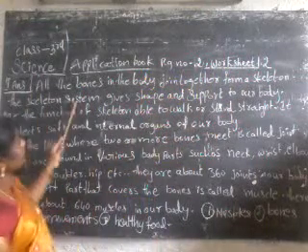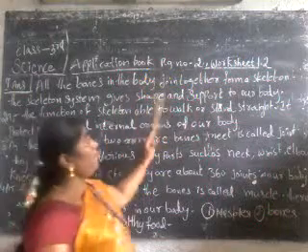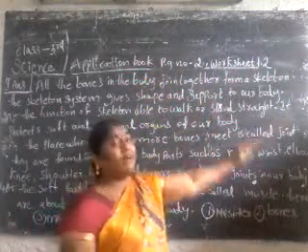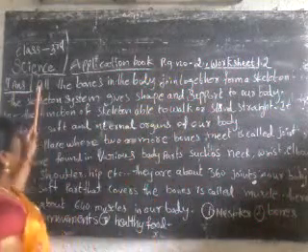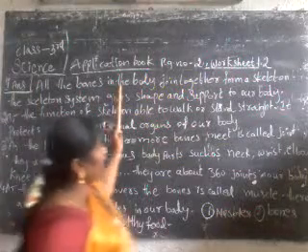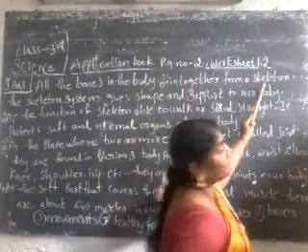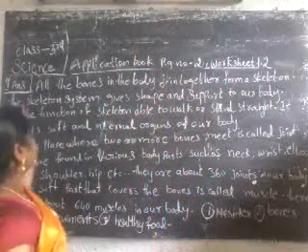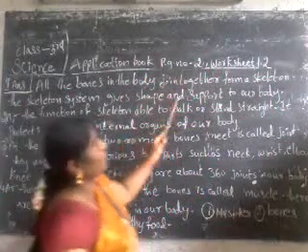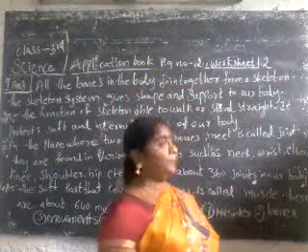The skeleton system gives us shape and support to our body. Yes, one more time I am repeating. All the bones in the body join together to form a skeleton. The skeleton system gives shape and support to our body.